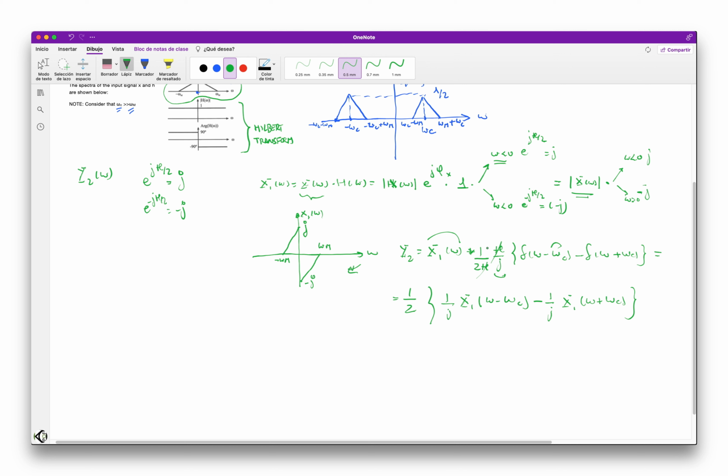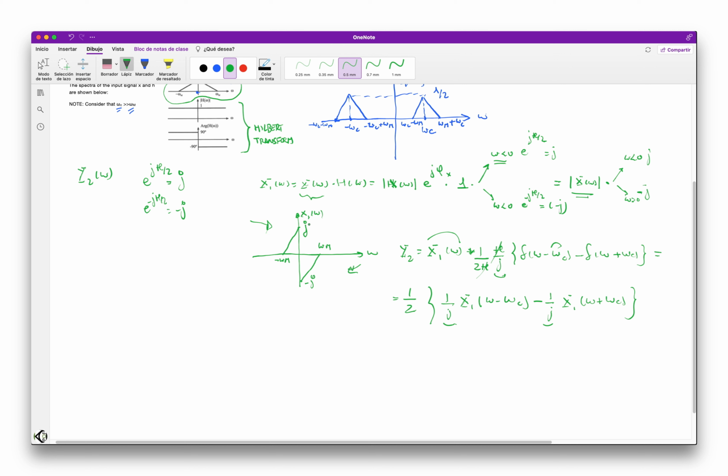Okay, I've just applied the distributive property between the convolution and, in this case, the subtraction. So basically we need to divide by j in both cases x1, and remember how x1 was like that.